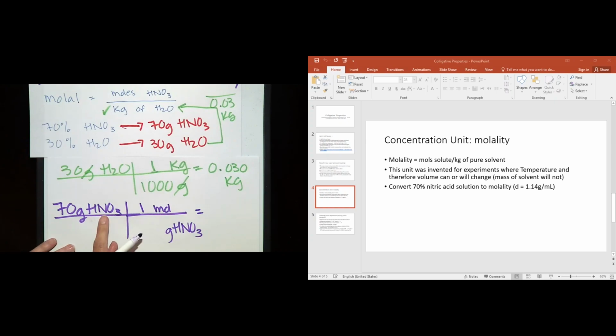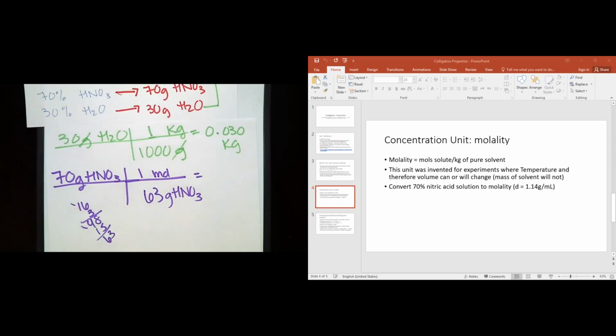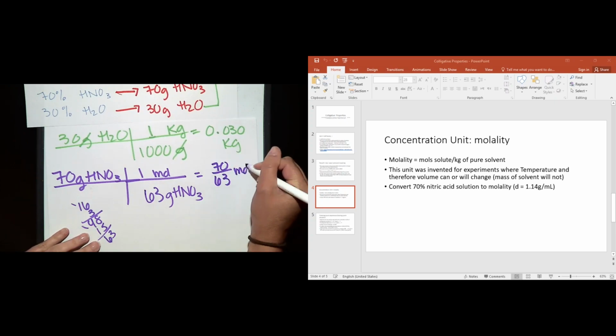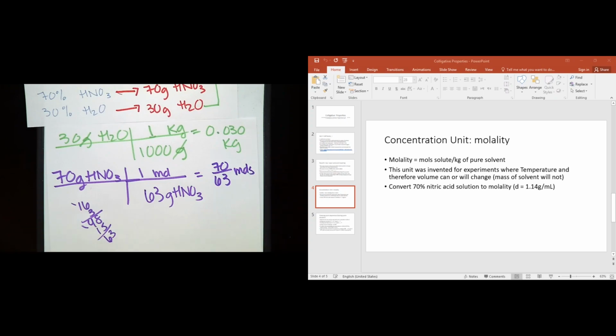All right, so I've got 14 plus 1 is 15, plus 16 times 3. 16 times 3 is 48, plus 15 is 63. So it should be about 63. Double check, don't trust me. Okay, so when we divide this out, we get 70 divided by 63 moles. I'm going to punch that into the calculator in just a second, but I just wanted to set that up.